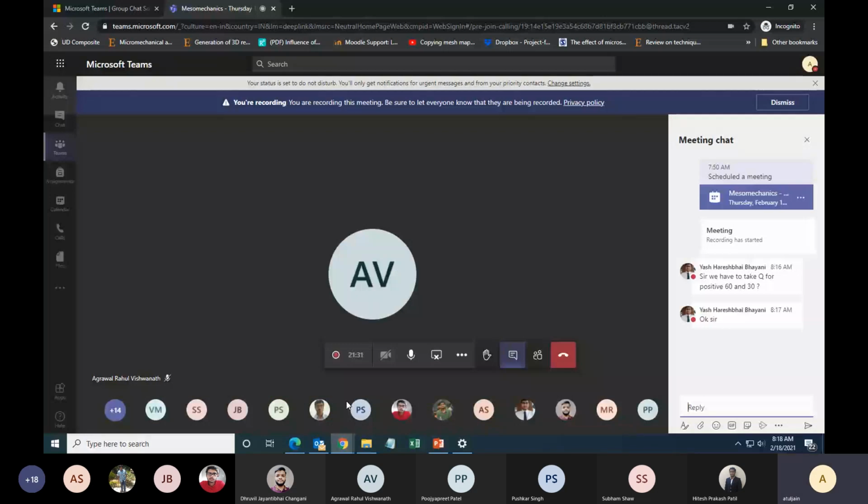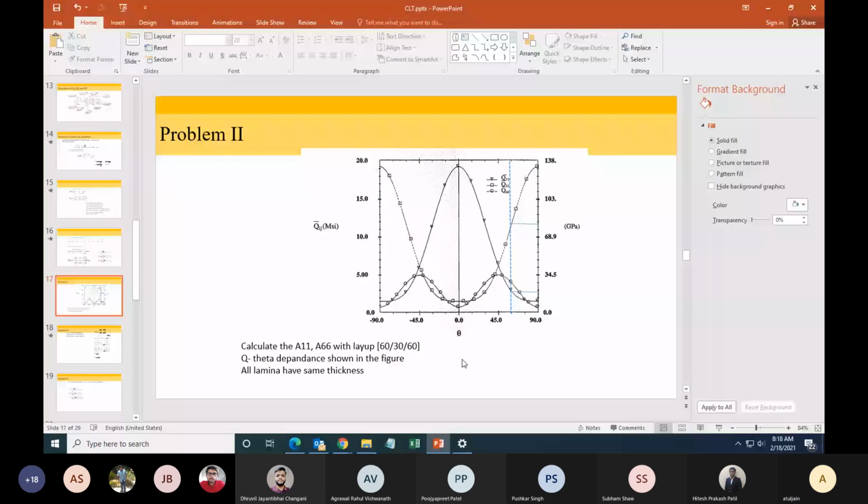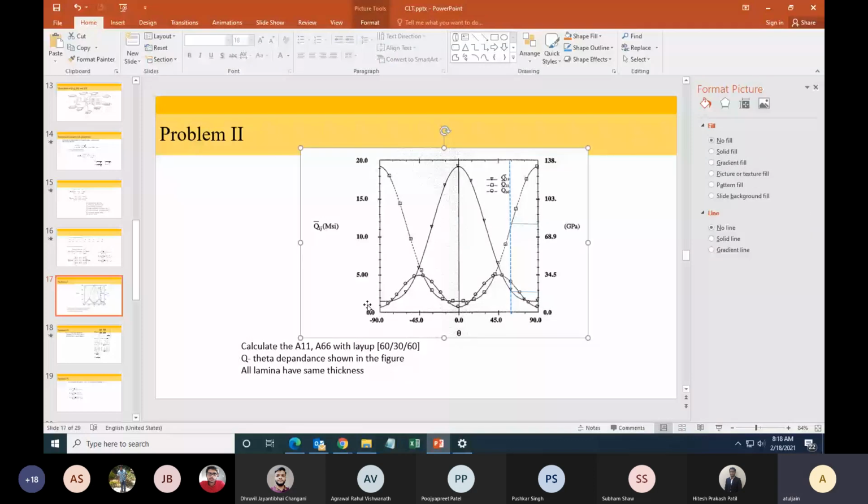Okay, please tell me the value of A66 quickly. This round marker is A66. So Q66 for 60 degrees comes out to be, let's say, 30.